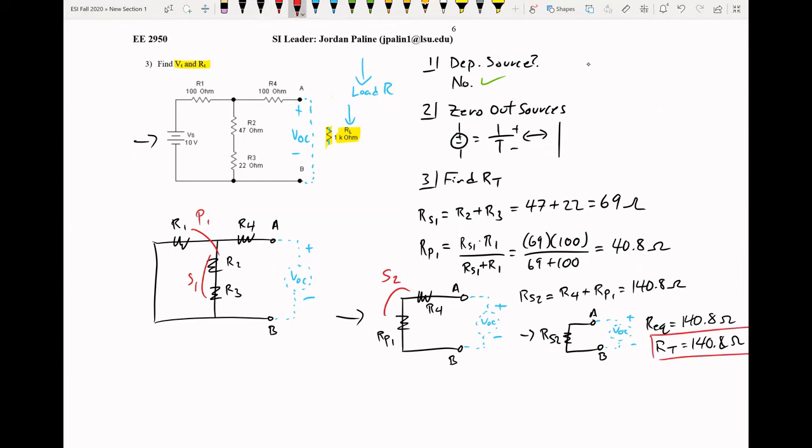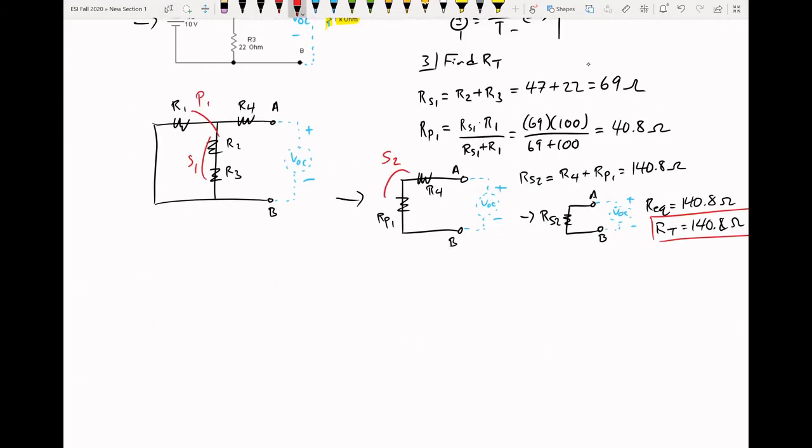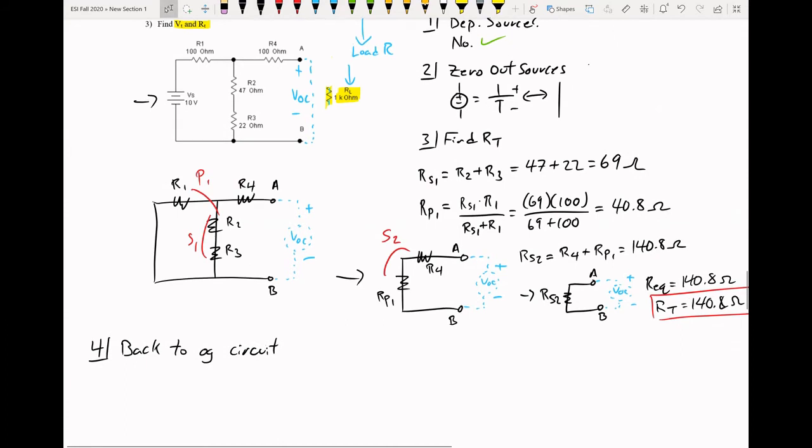All right. So now we need to find VThev. So we'll jump back to step 4, and we'll go back to OG circuits, which will just be that.